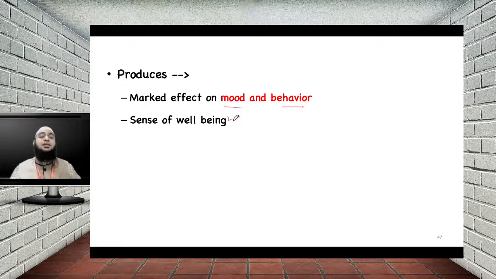So that is called the sense of well-being. He feels that he is the king of this world after taking cocaine. This is the common way I have tried to explain it, and that is the reason why people become addicted to cocaine, because it produces a very powerful sense of well-being.